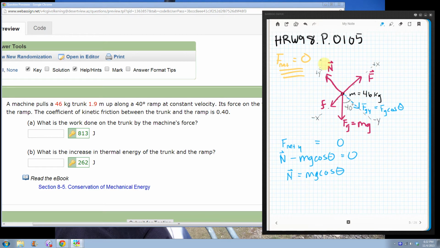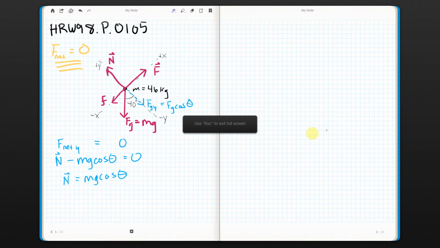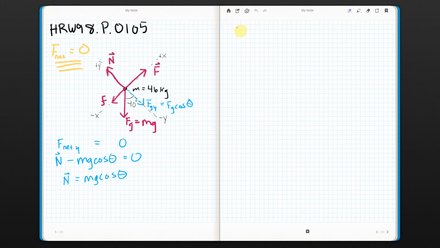Okay. Well, that's good to know, because when I do this in the x direction, and I think I will, in purple, and I'm going to make this full screen. In the x direction, I know it is also going to equal 0. Well, in the x direction, I've got F straight up on x, positive x.